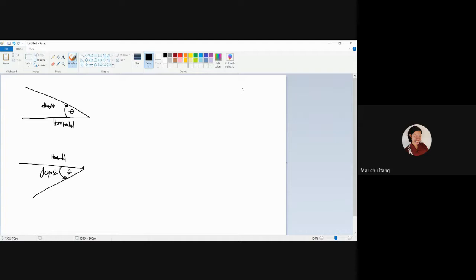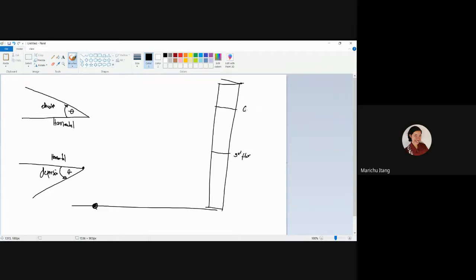So in this situation, let's say this is the building, this is the ground plane, and this is the object, let's say a ball. This is the third floor of the building, and this one here is the sixth floor.